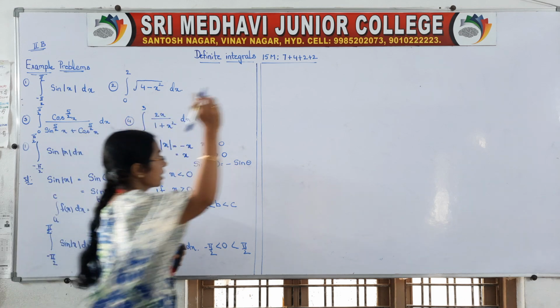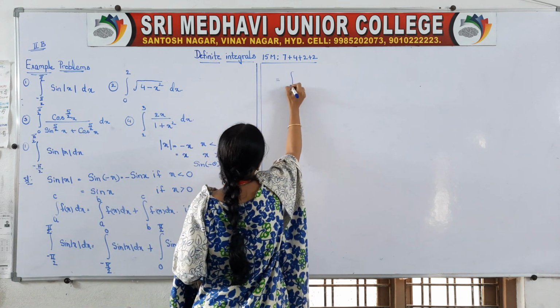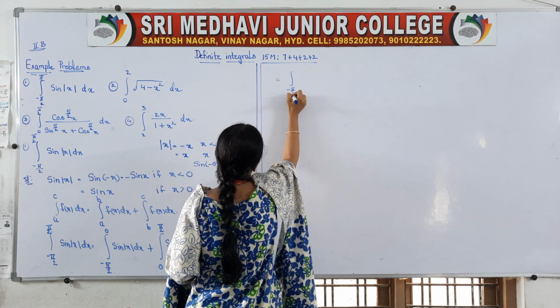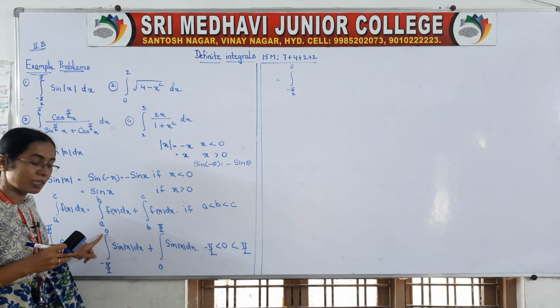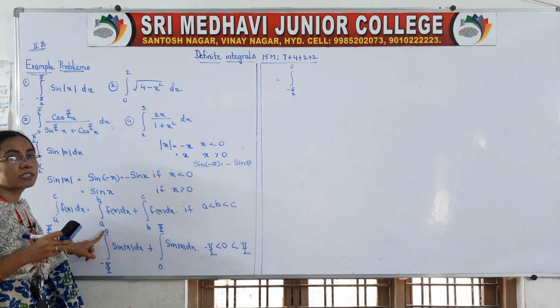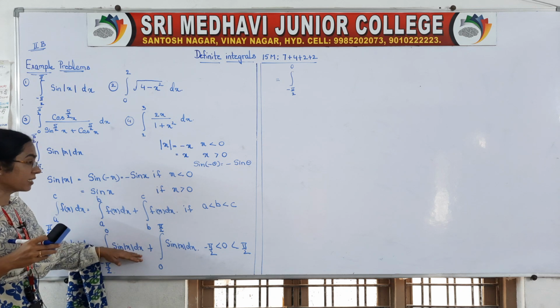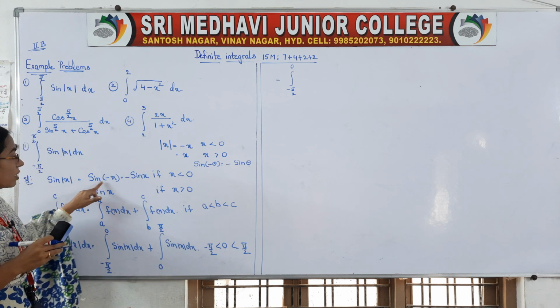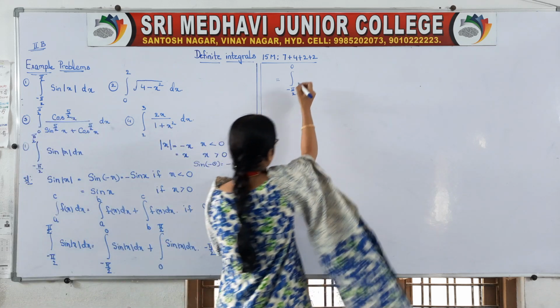Okay, so what happens to your integral from minus pi by 2 to 0? It means less than 0, isn't it? Minus pi by 2 till 0, so x is less than 0. So sine mod x is equal to sine of minus x, that is minus sine x.